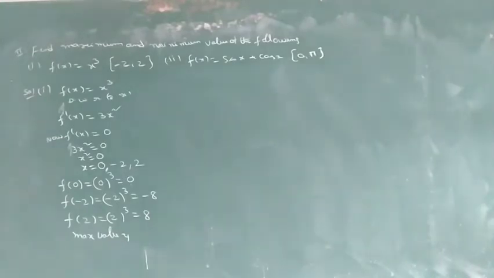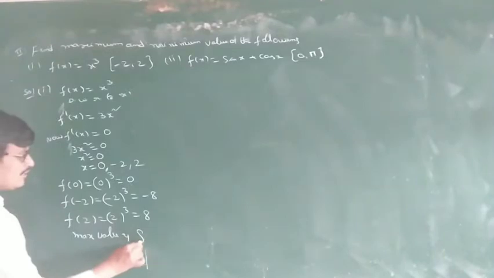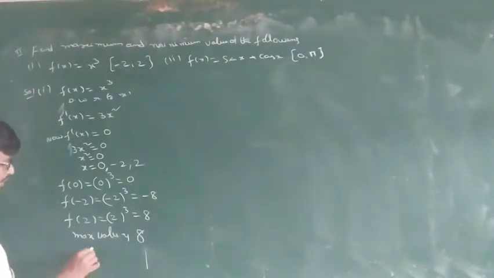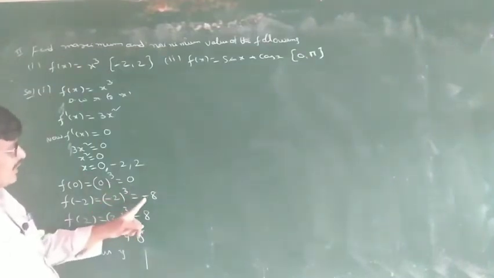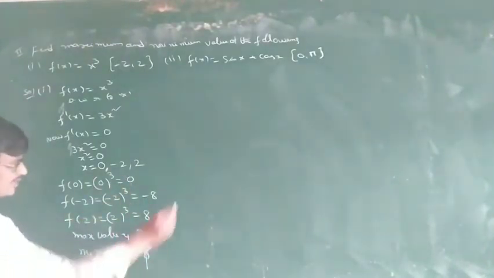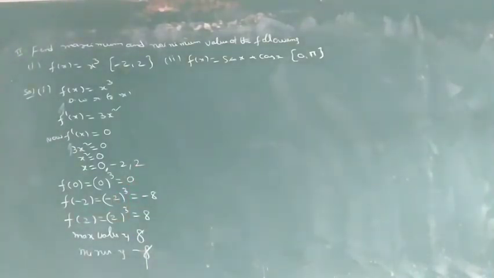What is the maximum value? Among minus 8, 0 and 8, the big value is 8, so the maximum value is 8. The minimum value is minus 8.